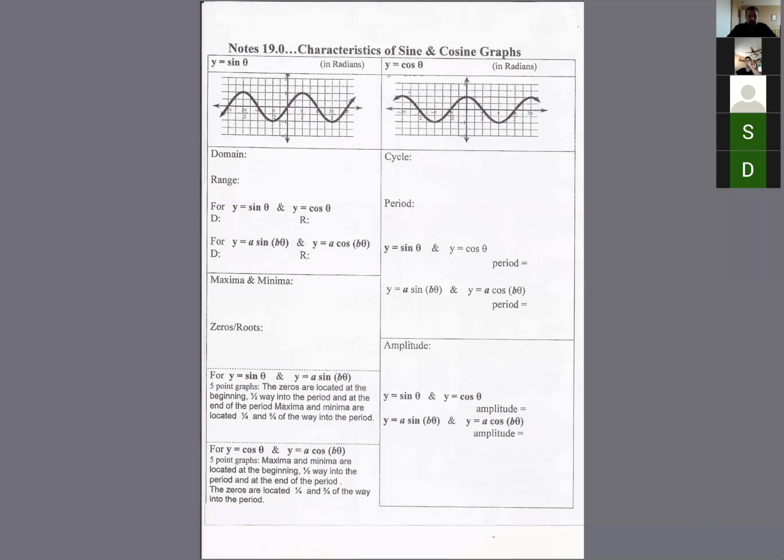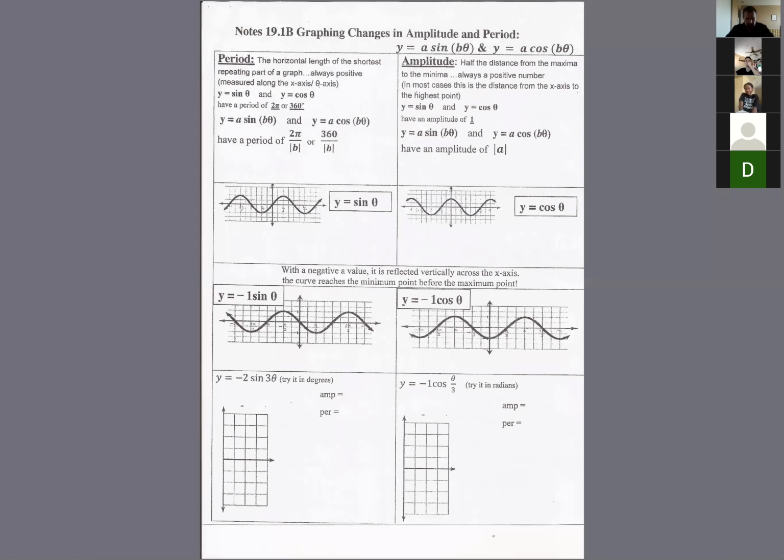It's just now we're going to work with negative a values. So it's going to involve a reflection on the horizontal axis. So we're going to move pretty quickly through this, and then we'll go over homework, and that'll be it for today.